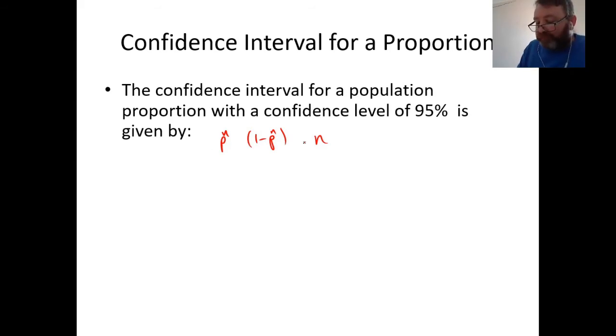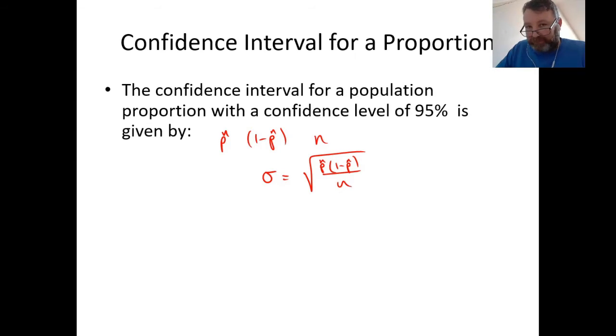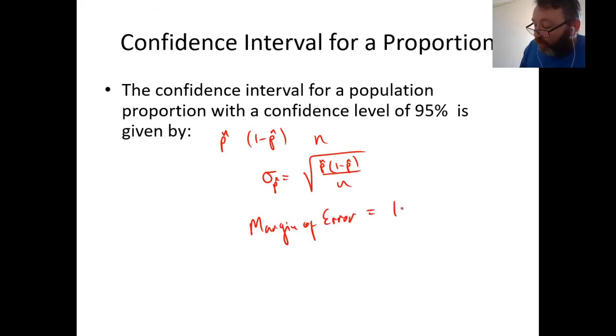Once I have those three, then the standard deviation becomes the square root of the fraction representing success multiplied by the fraction representing failure over the number of people in your sample. Okay, and if I want to turn that into a margin of error, because don't forget, this is the standard deviation of the sample proportion, so that's the standard deviation of p hat, it's 1.96 times the square root of p hat by 1 minus p hat over n.